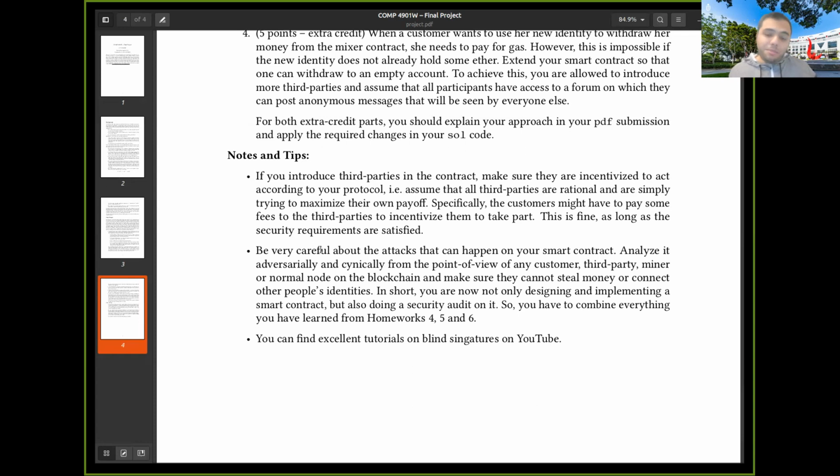Of course, it might be that the attacker can do some other attack that doesn't lose them money. But again, this is only for this final project. When you're writing smart contracts in the real world, you have to assume that you have both types of attackers. So you have to make sure that your protocol is safe against any attacker, especially against malicious attackers.